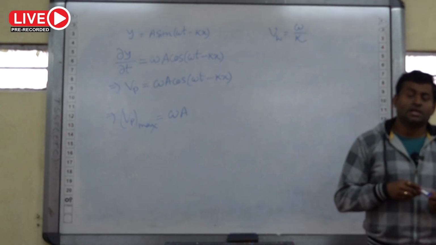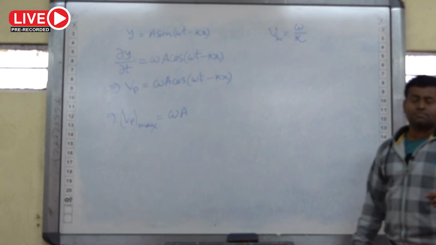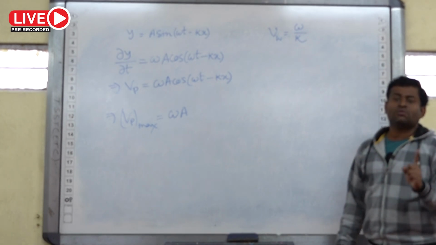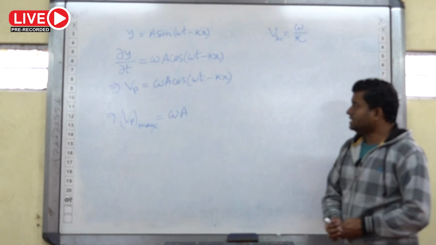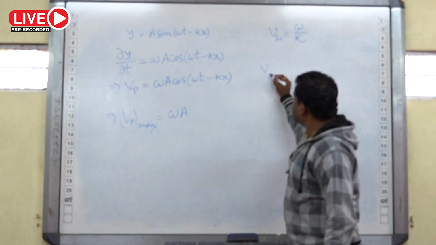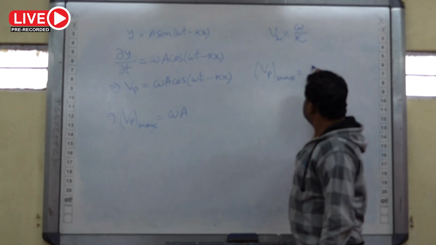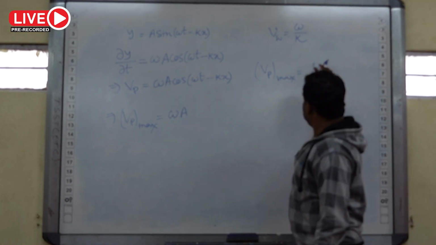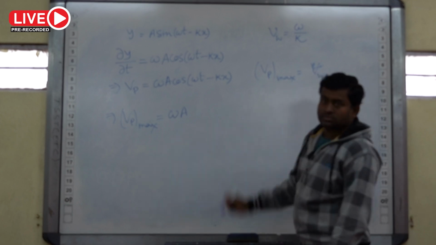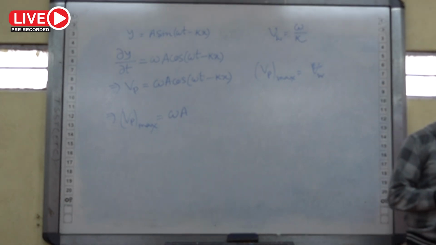Now according to the problem, the maximum particle velocity and wave velocity are equal. Means Vp max should be equal to Vw, according to the problem.